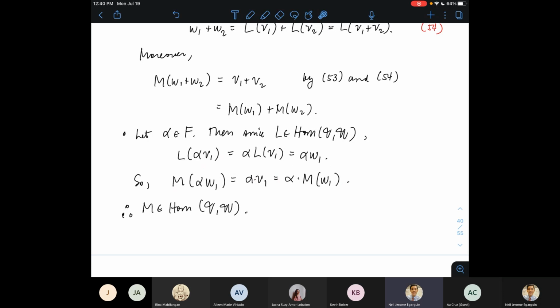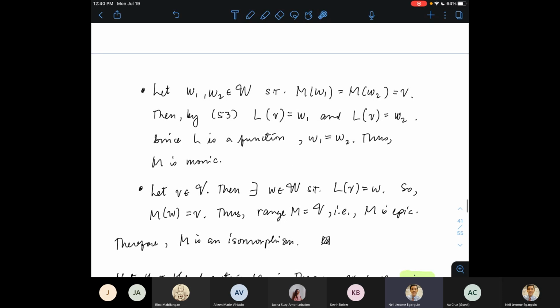And then there are still two things left to be shown. We need to show that M is an isomorphism. And for that to happen, M should be monic and M should be epic. Now, for being monic, I'll consider two elements of the codomain or of the range.